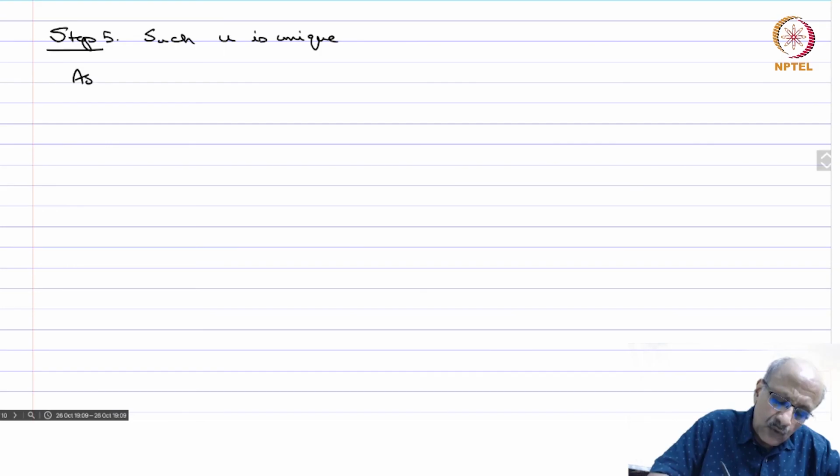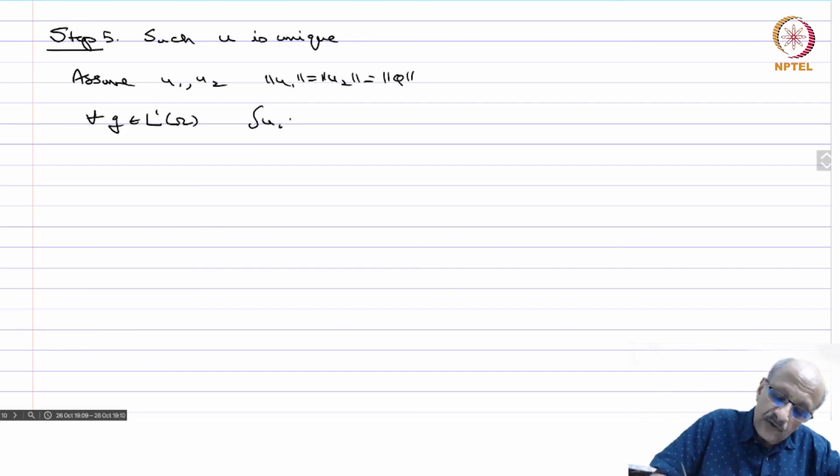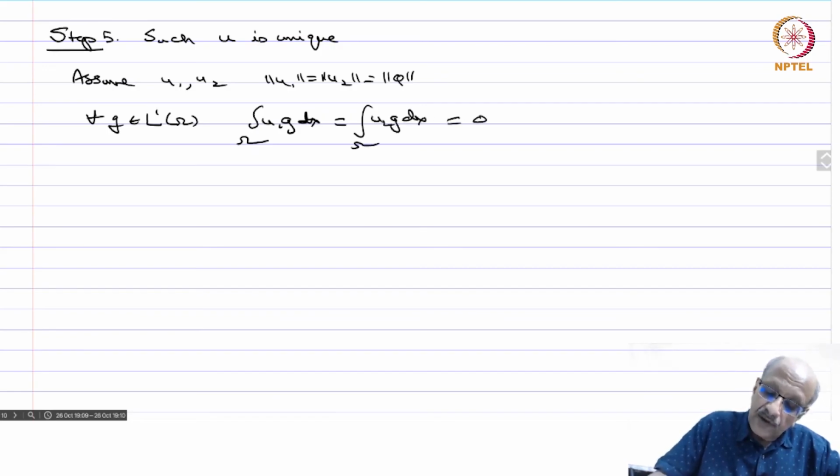Assume we have two, u1 and u2, such that norm u1 equals norm u2 equals norm phi, and for all g in L1 of Omega, integral u1 g dx on Omega equals integral over Omega of u2 g dx, equal to phi of g.